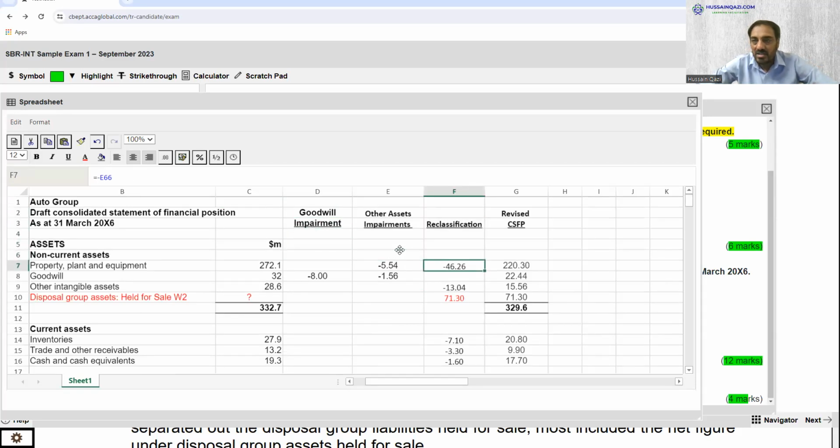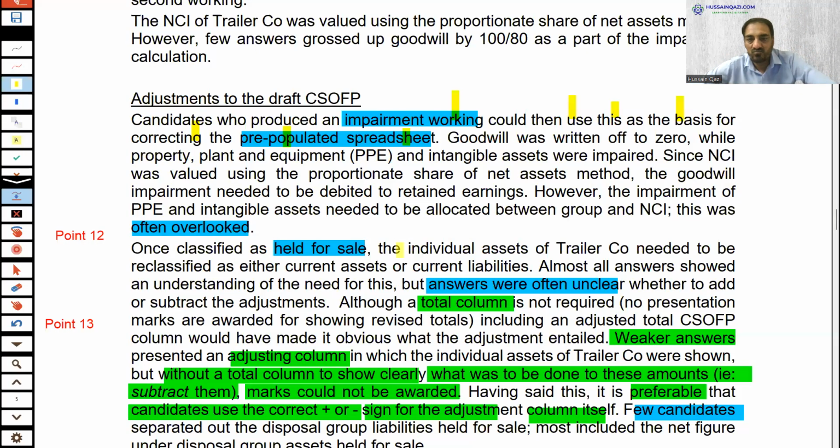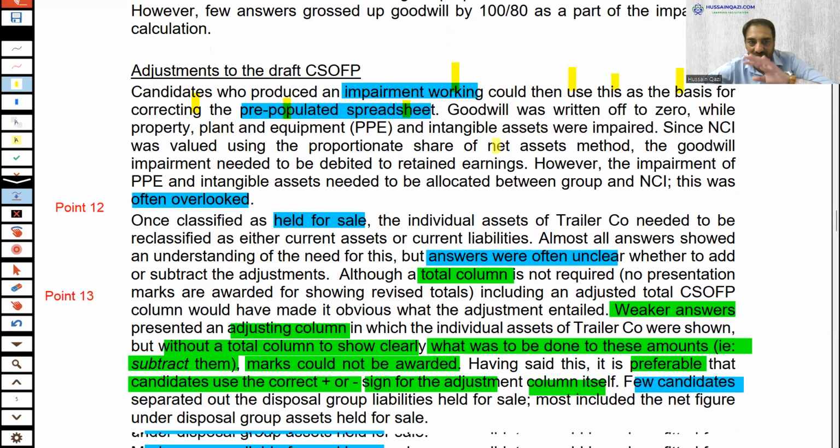Like during the question, what we were doing, just pressing the button is equal to and moving the cursor accordingly. Means reference of the working attached accordingly, and this is what I mean by smart working. Rest of the part is very simple. No worries, same as we have done accordingly.